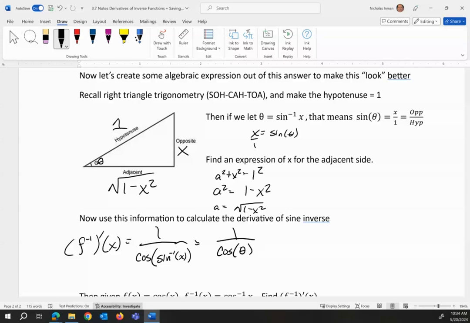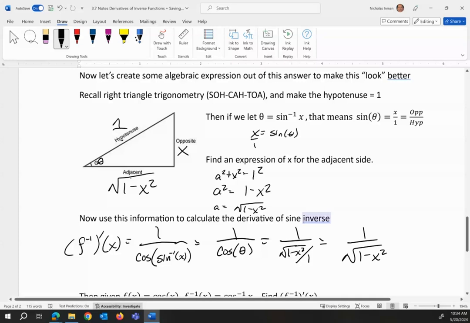Cosine of an angle is the adjacent over the hypotenuse. So we have 1 over the adjacent over the hypotenuse, and dividing by 1 just stays the same. That allows us to get 1 over the square root of 1 minus x squared.